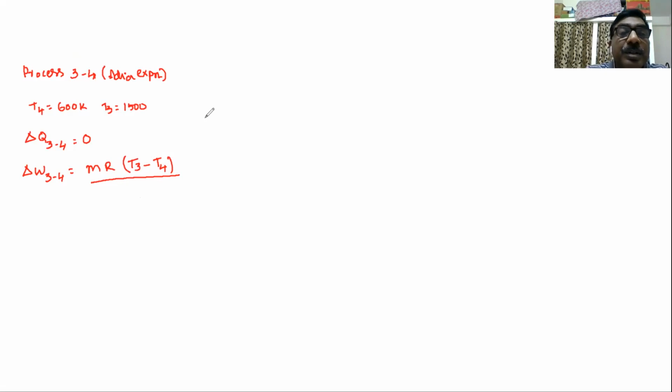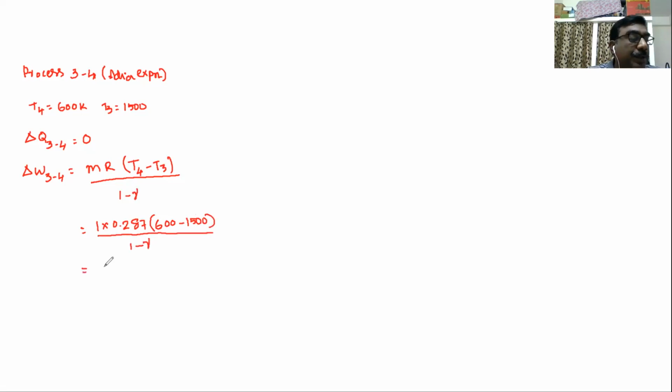So here, sorry, there is a small mistake. We have to take this one like this. So this is equal to 1 into 0.287 into T4, which is 600, minus 1500, divided by 1 minus gamma.